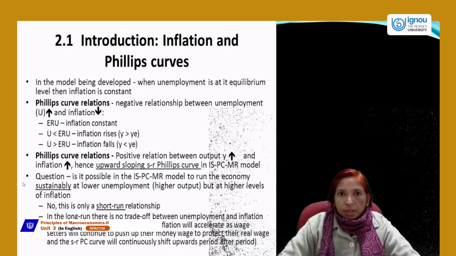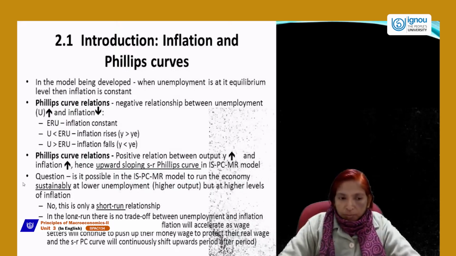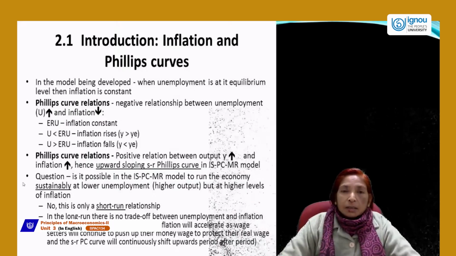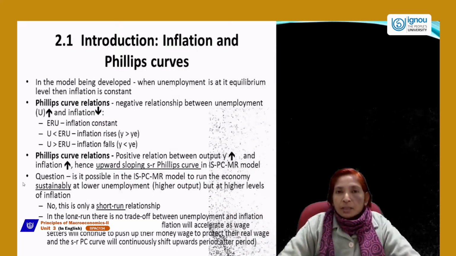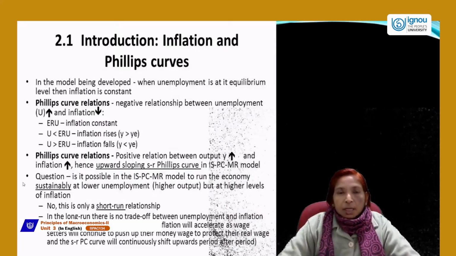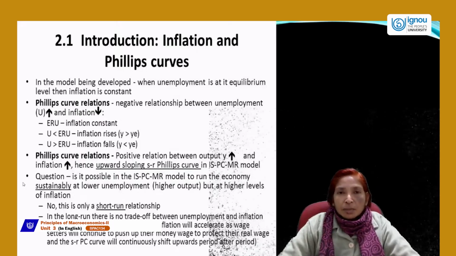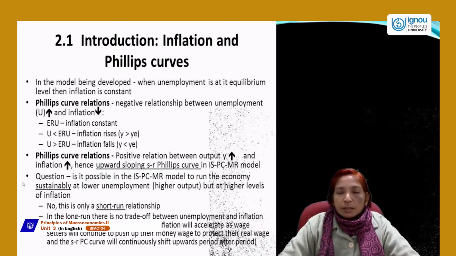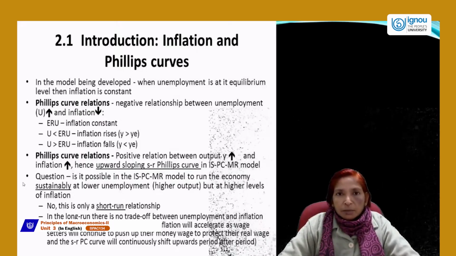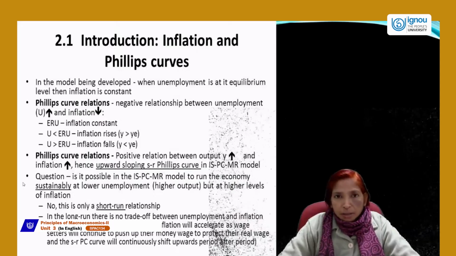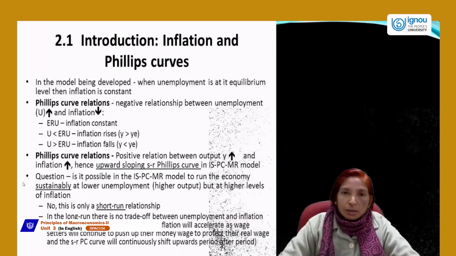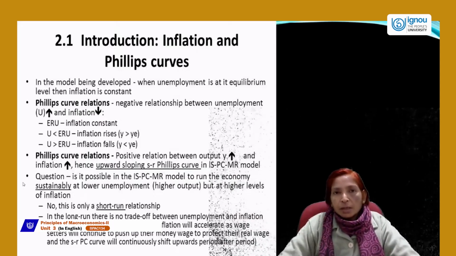No. Its answer is no. This only exists in the short run. It means the Phillips curve explained this inverse relationship between inflation and unemployment, which exists only in the short run, which may be possible in the short run, but not in the long run.